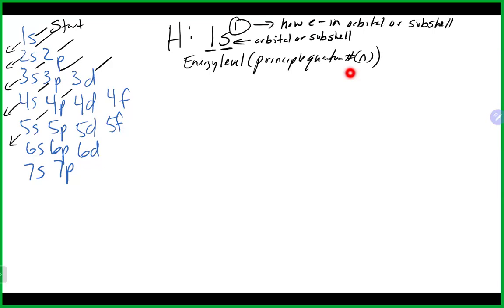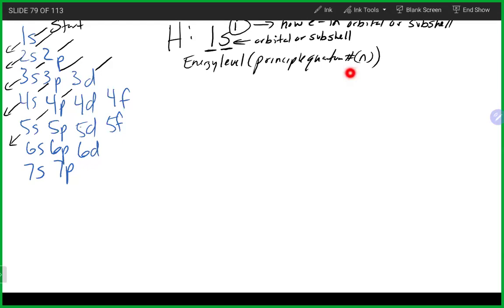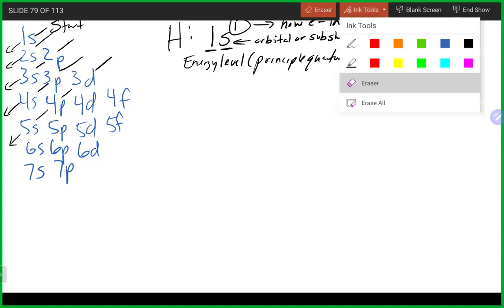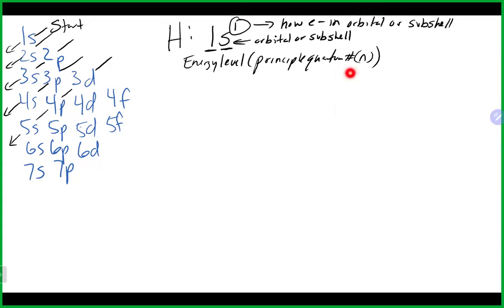So this gives us a lot of information. This tells me I'm on the first energy level, I'm in the s orbital, and I got 1 electron hanging out in there. Any question on that? That is also how you should write it: superscript for the electron count on top, no dashes, no commas, no weird things people like to do, no big numbers in between. It should look exactly like that.